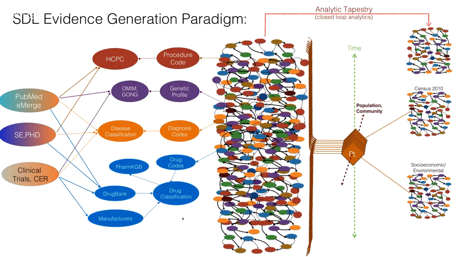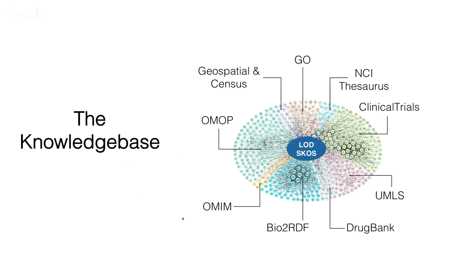This whole construct is what we call our evidence generation paradigm, which brings to bear data that we can bring in, annotate, contextualize, and analyze, and learning that happens within the system that can be returned back into the system. So that was the overall overview.